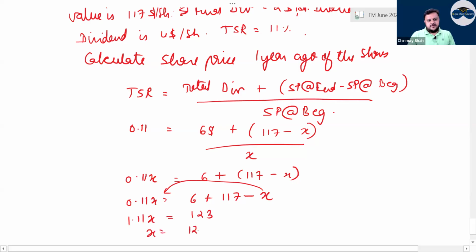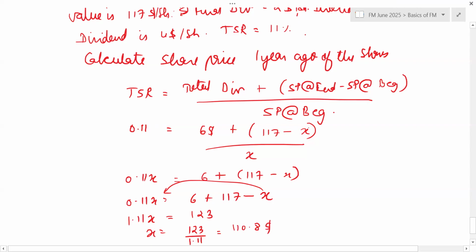Therefore, X is equal to what? 123 divided by 1.11. Tell me how much is that? बराबर है ना रे? 110.8, sir. Are you getting the answer? Are you understanding it? Answer तो छोड़ो. Calculation is okay, but are you understanding the answer? Yes, sir.